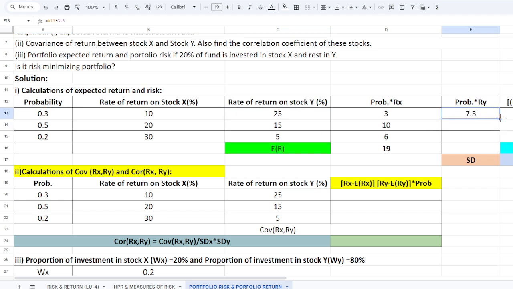Then you just drag it. Now you can see your sum. That's 16% as our expected return for Y, while it is 19% for X.